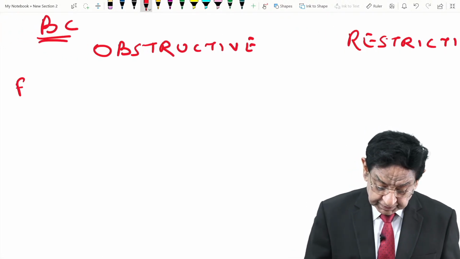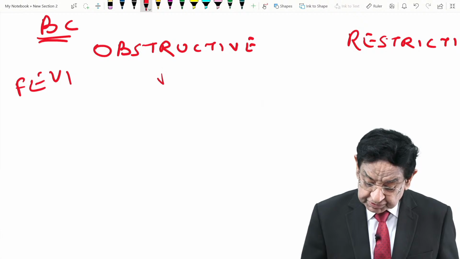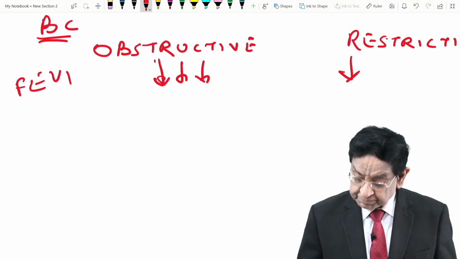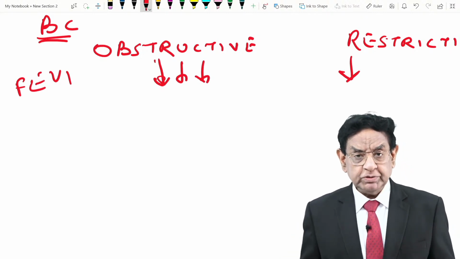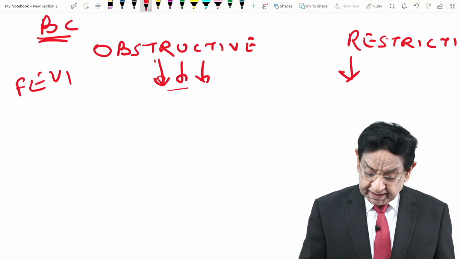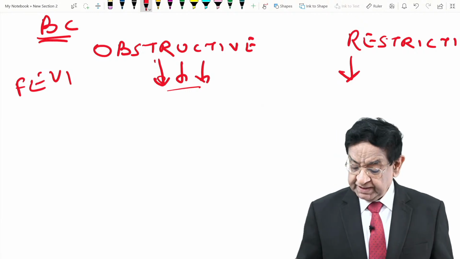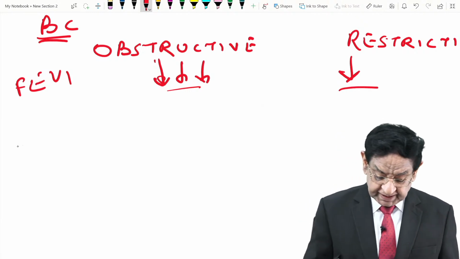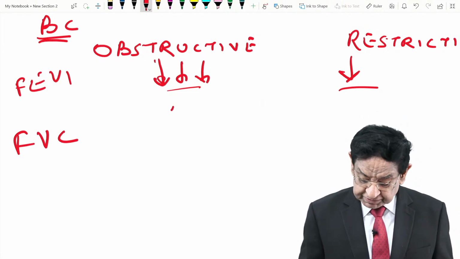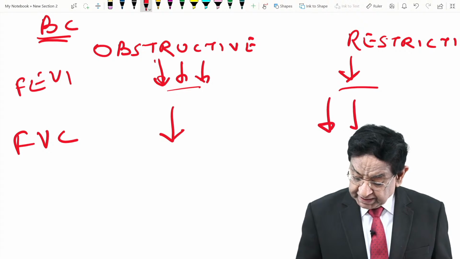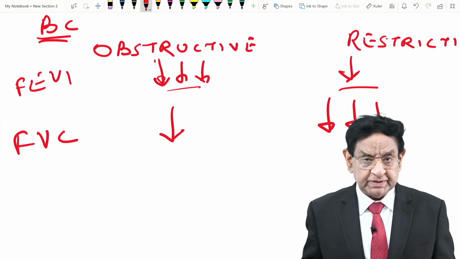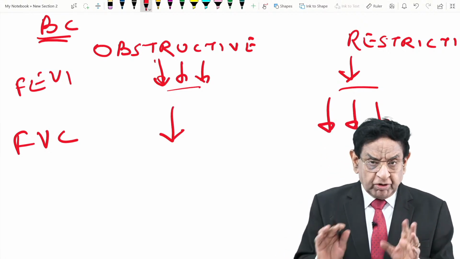FEV1 is reduced markedly in obstructive and mildly in restrictive; point to be noted, it is reduced in both. FVC, forced vital capacity, is also reduced, markedly so. Both values are reduced in both diseases, but you cannot differentiate by a single value.